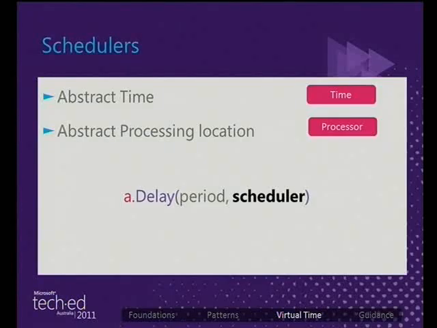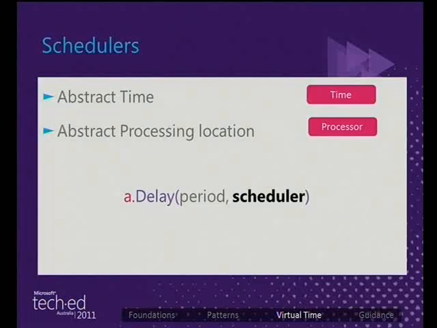It also doesn't just abstract time, but because it's doing scheduling, it also abstracts the location of where the code is going to execute. In fact, the team are currently doing a whole load of work on allowing you to execute your Rx queries in Azure, for example. So if you did a .delay with a scheduler, this gets a little bit mind-twisty, warning you.